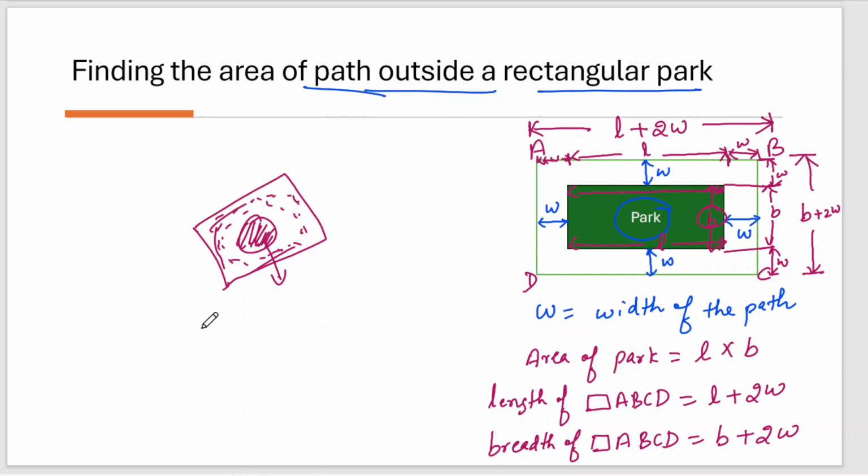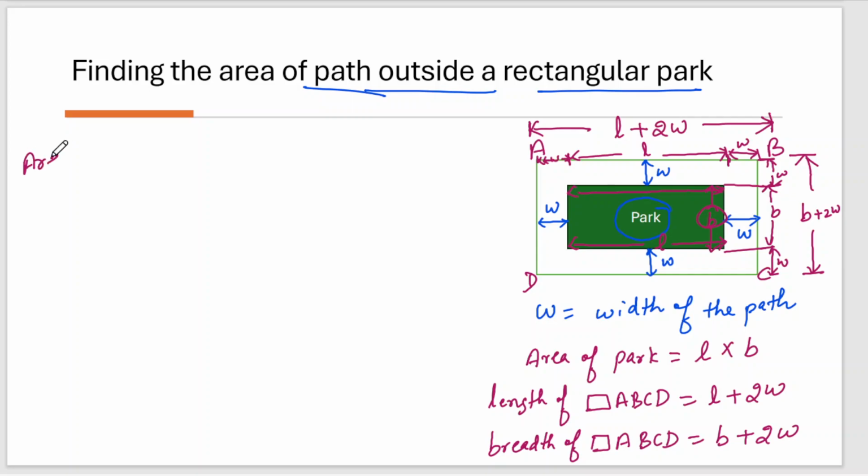Yes or no? Same concept we will be applying here also. That means if we subtract the area of the park from the area of rectangle ABCD, you will get the area of the path. So we can write that area of path equals area of rectangle ABCD minus area of park.